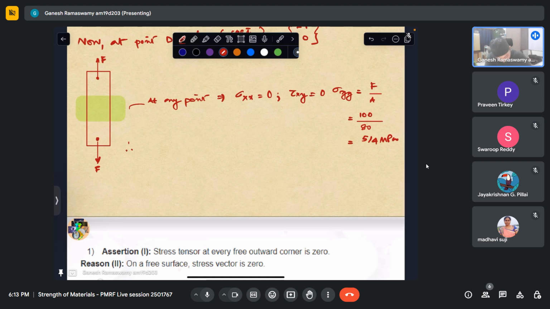So therefore, if I were to write the stress tensor at point D, the stress tensor comes out to be sigma xx is 0, tau xy is 0, and then by equality of cross shears I have that as 0 and this as 4 by 5. So this is my stress tensor at point D. I hope we are in agreement with that.